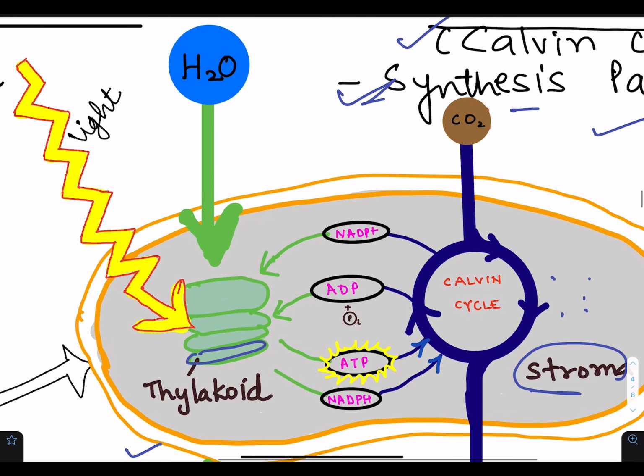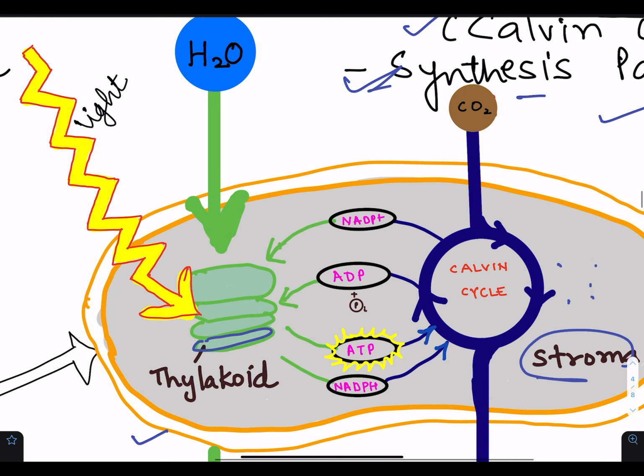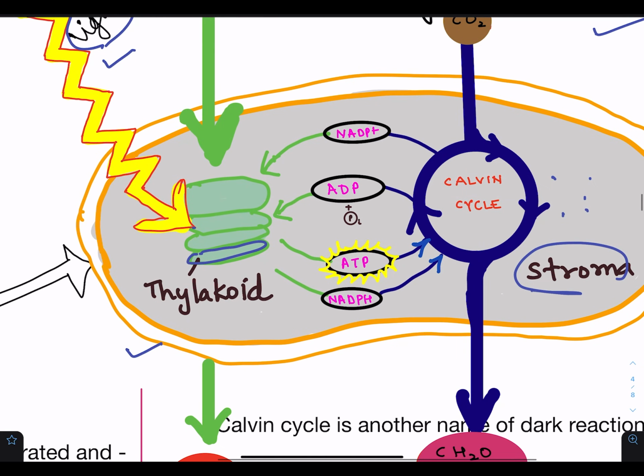And what is happening? First of all, when light energy falls on these thylakoids, in the presence of water and light, the light reactions will give ATP and NADPH by various procedures. These will be produced, ATP and NADPH.